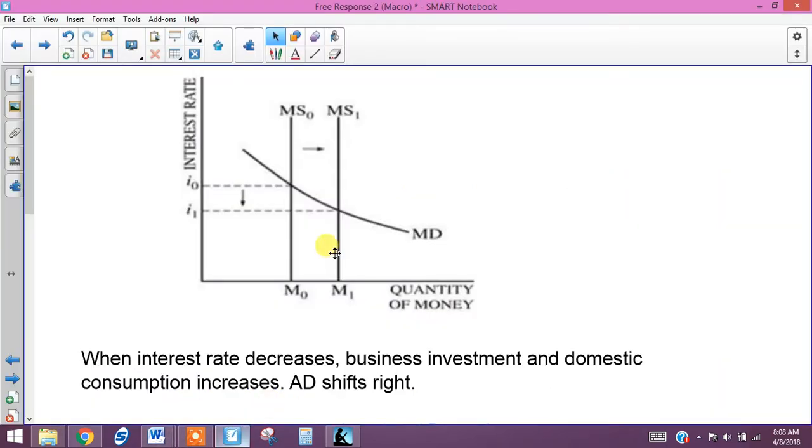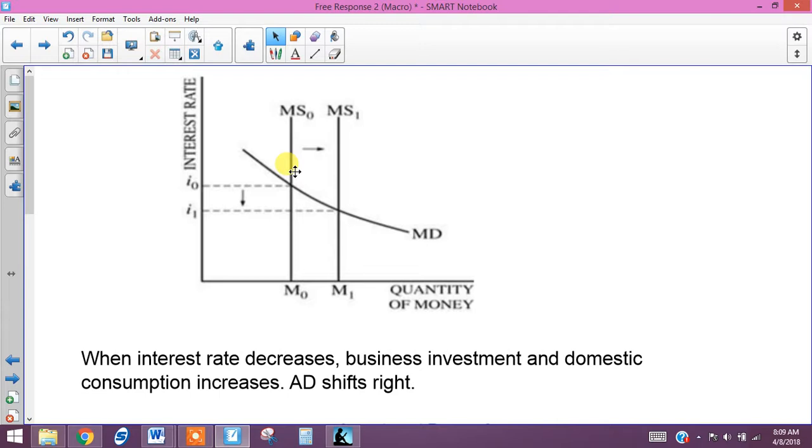Then you're going to want to draw the graph that has the nominal interest rate on the vertical axis and the quantity of money on the horizontal axis, and then the downward sloping money demand.